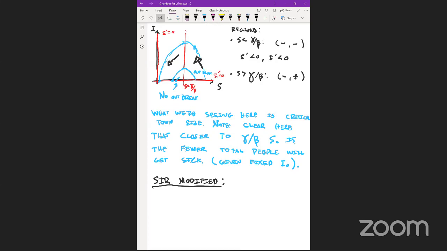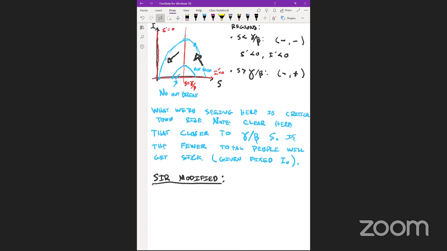So as a first example, well, I shouldn't even say a first example because we've already seen several in the homework. But let's just consider the idea that we just have a flat number of people entering the system. So SIR with incoming population.